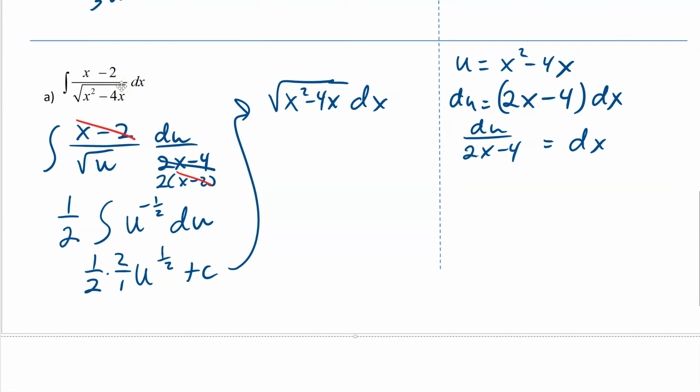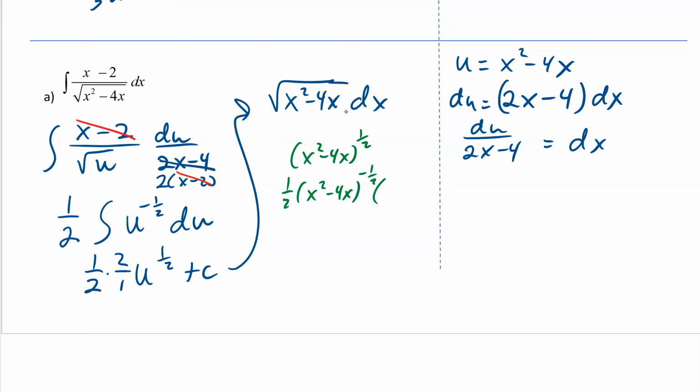What happened to it? So if we take our derivative, using this as a positive 1/2, we would get 1/2 x squared minus 4x to the negative 1/2, and then times the derivative inside, which is 2x minus 4, right? Okay, so now you can see that that half came in and just canceled these, giving us x and 2, and that was our answer that we have over there.